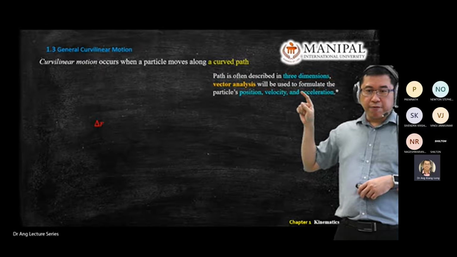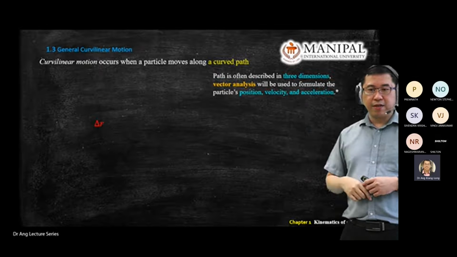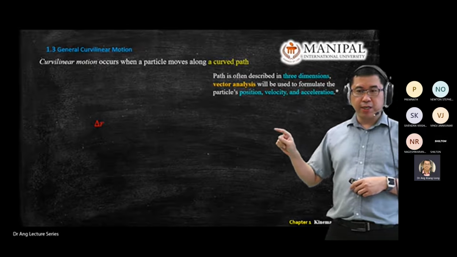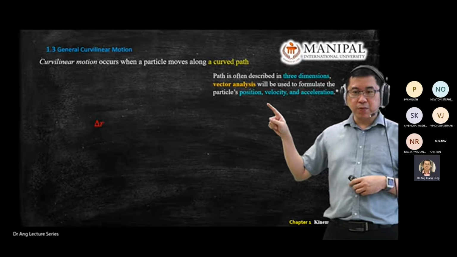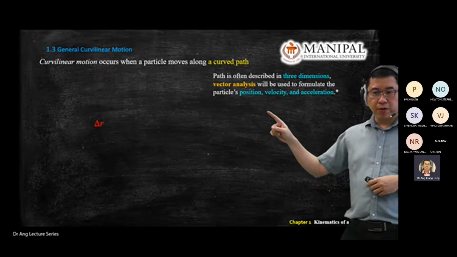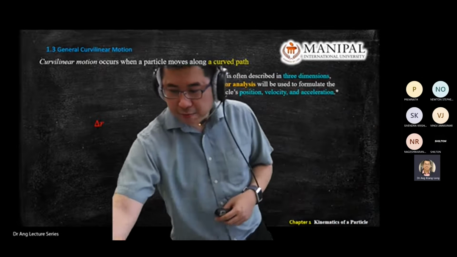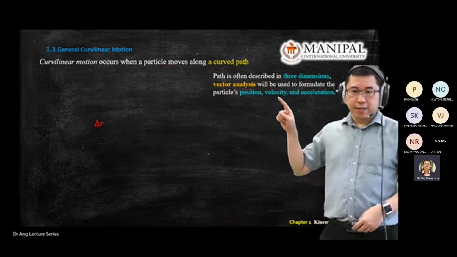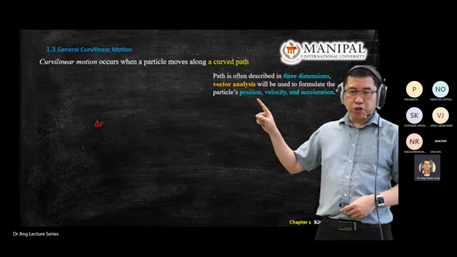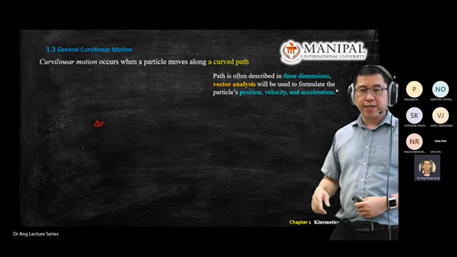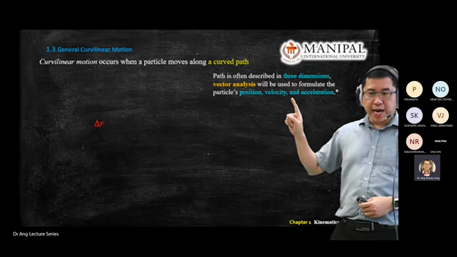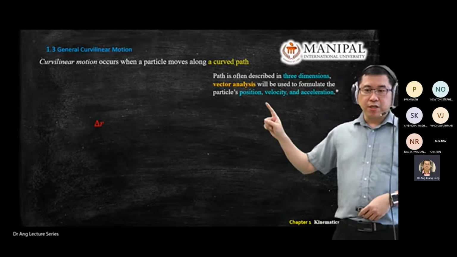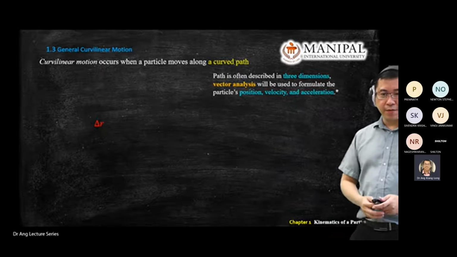For the curvilinear section, there are three important keywords that we studied before. We continue using the same keywords: position, velocity, and acceleration. S, V, and A. So we continue to apply the concept of position, velocity, and acceleration.